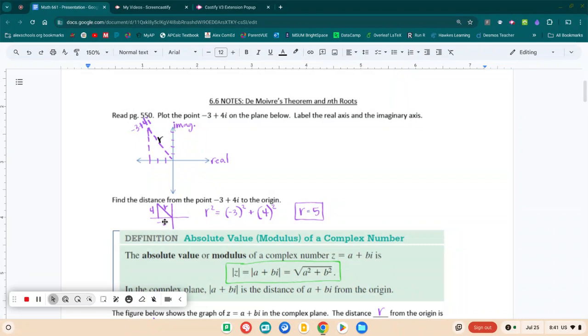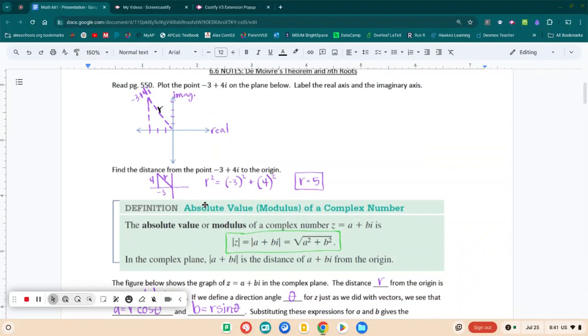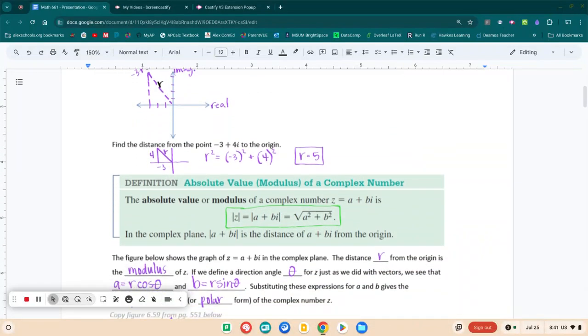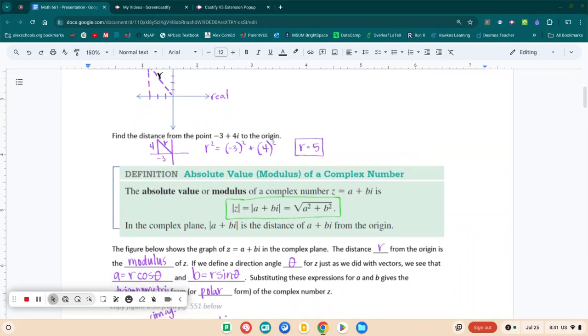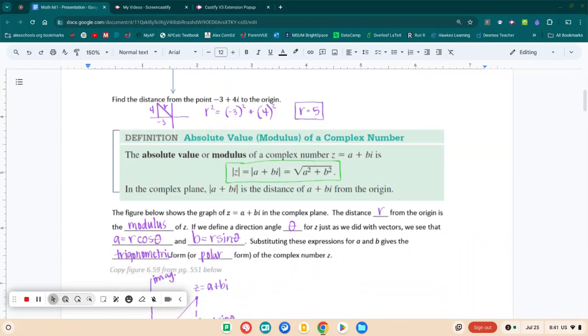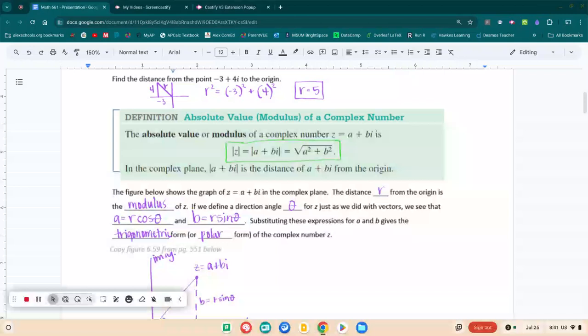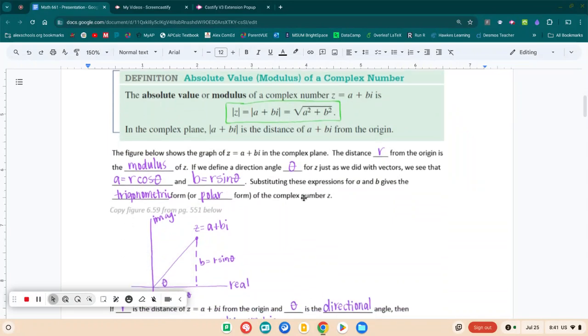So that helps them make sense of what this r represents. Then we talk about that modulus, or really that radius in the complex plane, and define it in terms of the right triangle we can see from the structure of the point.